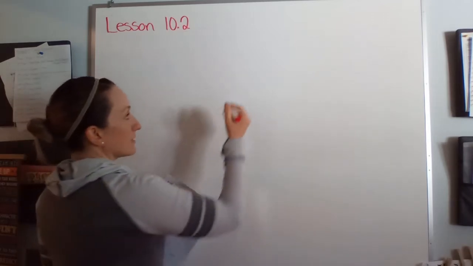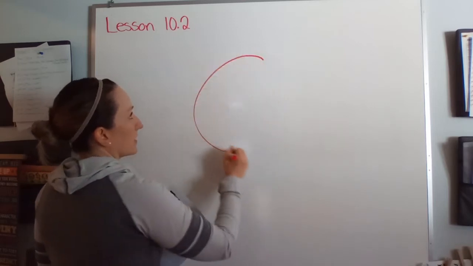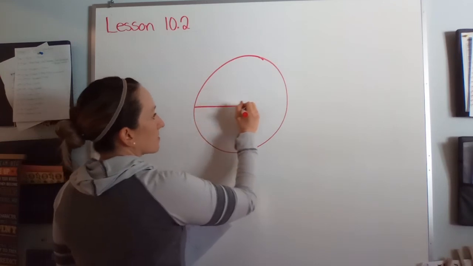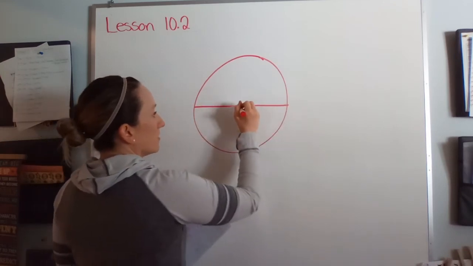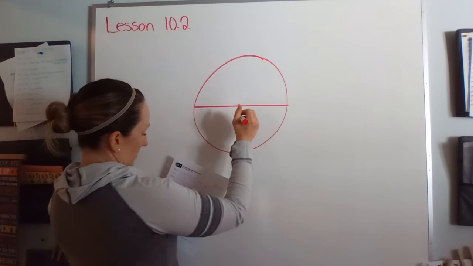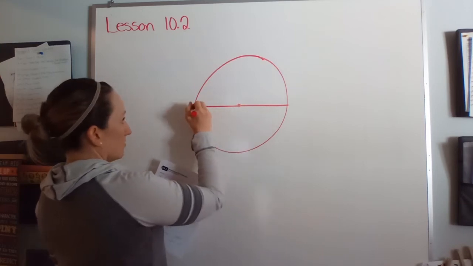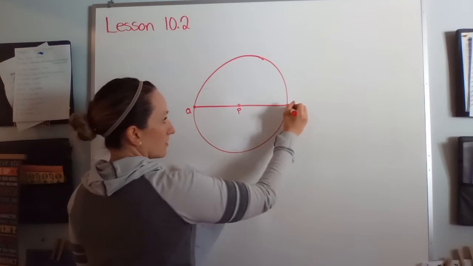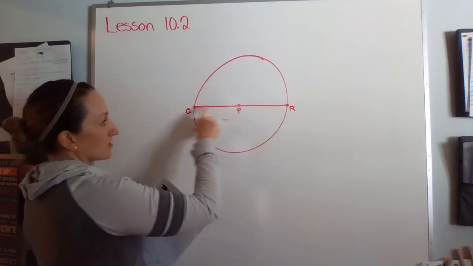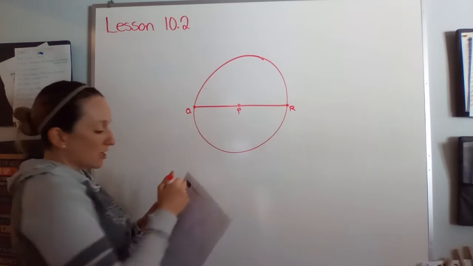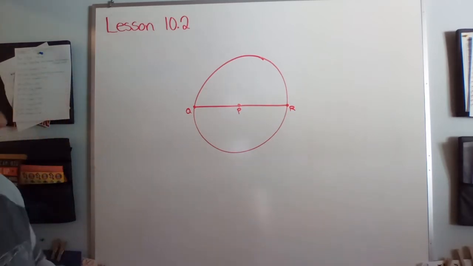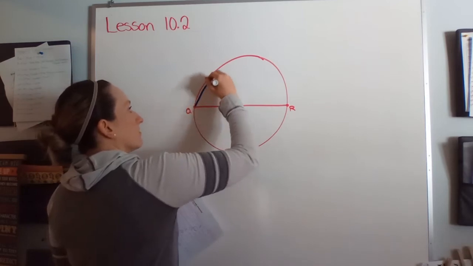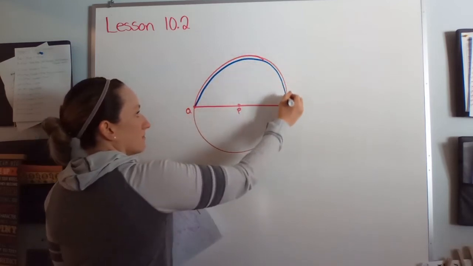Okay, so a semicircle, I'm sure you guys probably could guess what a semicircle is anyway. If I divide this circle in half with the diameter, just so it matches my notes, I use Q, P, and R. Okay. P is the center, QR is the diameter. So a semicircle, half the circle, would be this arc right here.